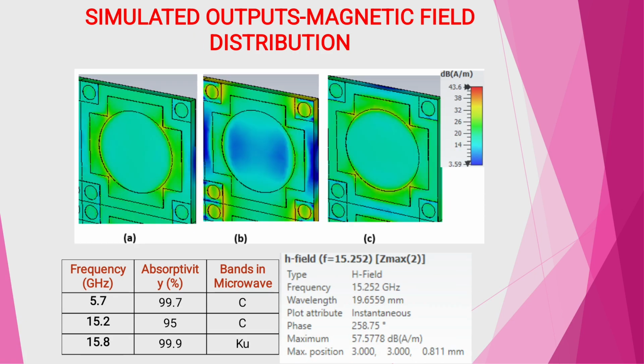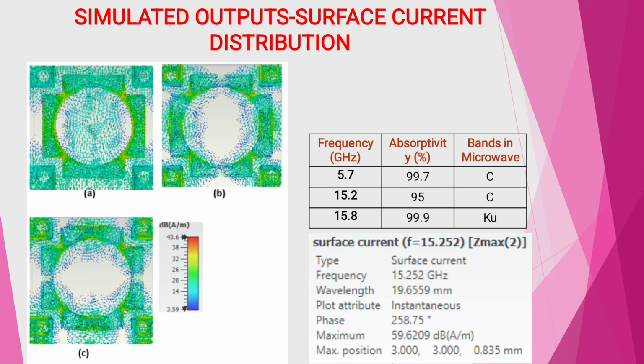And this picture shows the magnetic field distribution. The magnetic field distribution is very good in this structure because it is mostly covered by yellow, red and green values, so it is better in this frequency range.